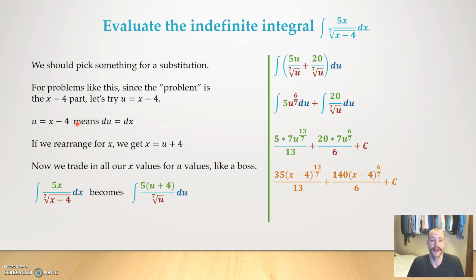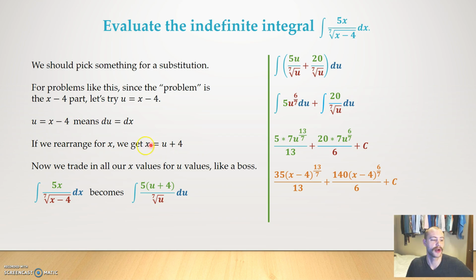How I like to think about that is that as you increase u, x minus 4 increases by the exact same amount, which makes sense. If it was a 2x out in front, then it would increase twice as fast on that right side of the equation. If we rearrange for x, we get that x is equal to u plus 4.